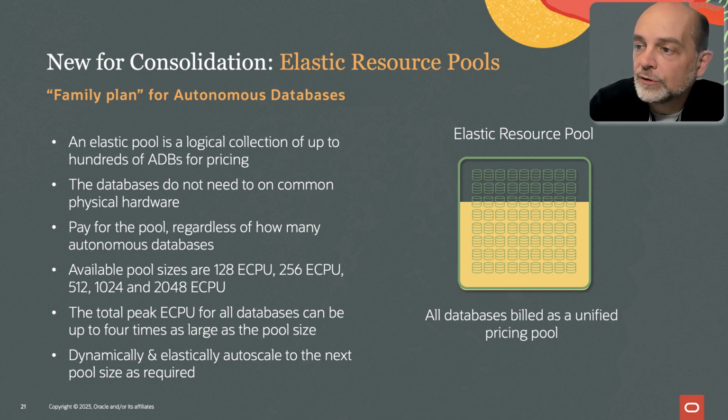So this isn't oversubscription as such, but it allows you to put the min and max on the Autonomous databases so that you can fit hundreds of databases into a single elastic resource pool, and you don't have that minimum 1 eCPU per database. So this makes consolidation of either little used databases or infrequently used databases really, really effective.